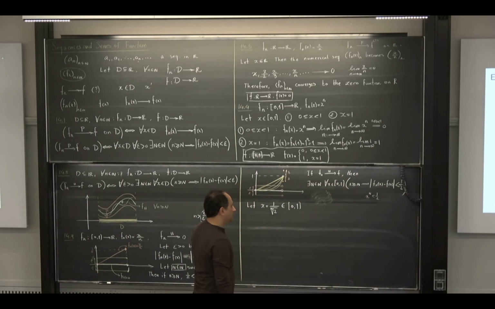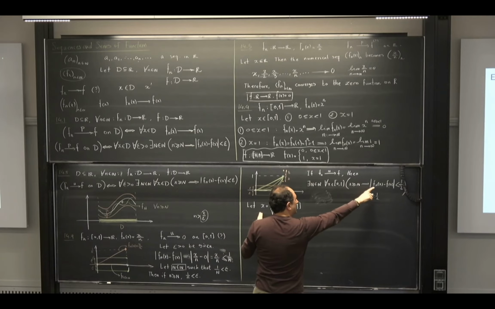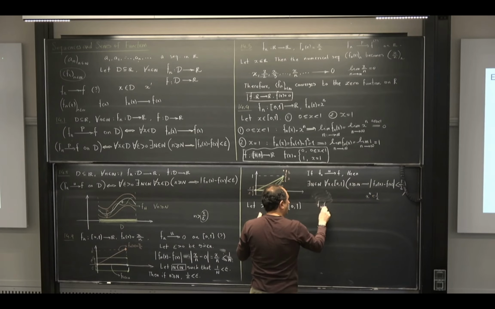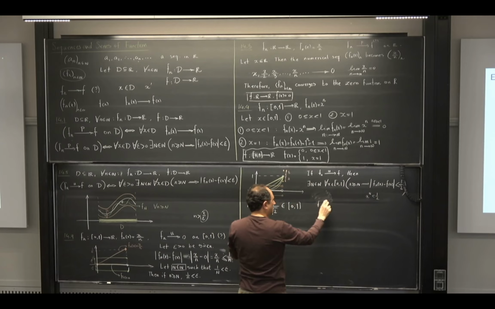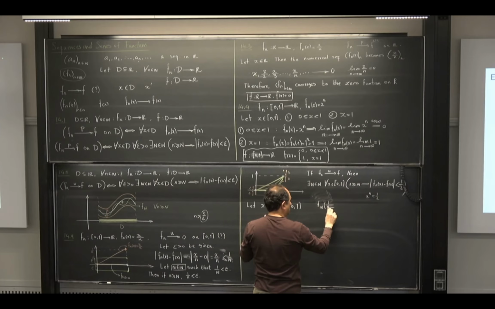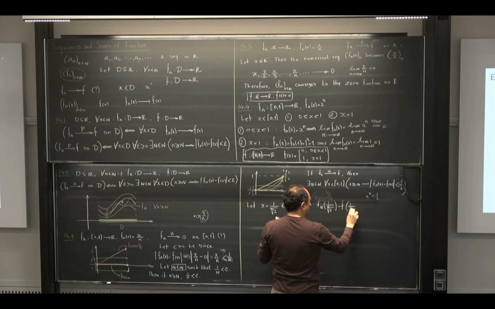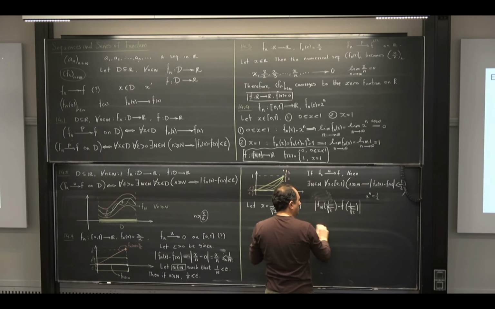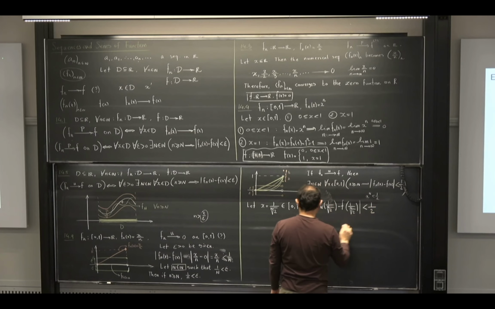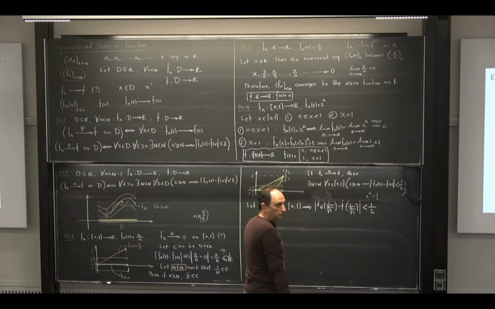Then it means that the absolute value of fn of that x minus f of that x should be less than 1/2. Yes?